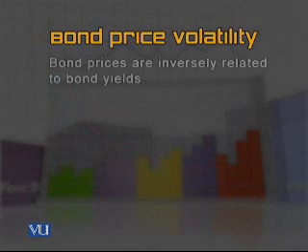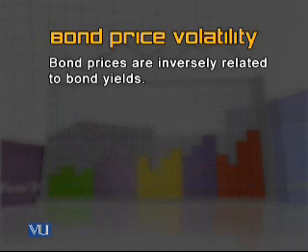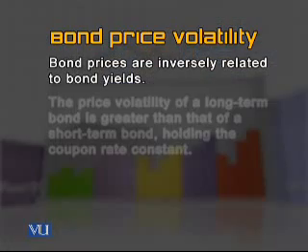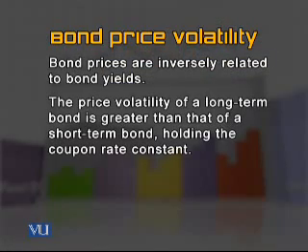Once again, we talked about bond prices are inversely related to bond yields. Bond prices and bond yields are inversely related to each other. Also, the price volatility of a long-term bond is greater than that of a short-term bond, once again holding the coupon rates constant.